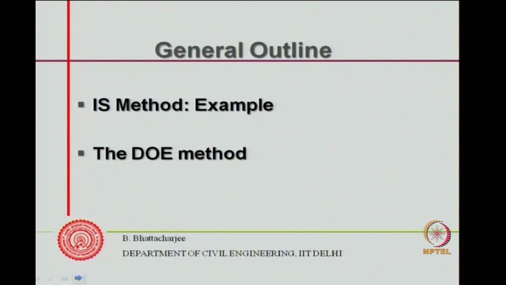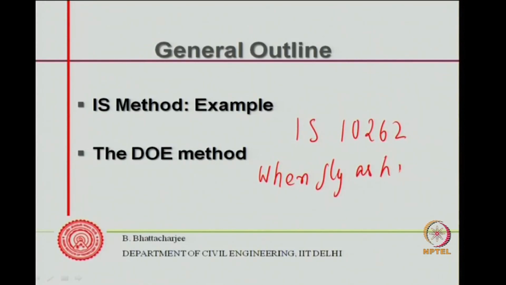Right. Just to recall, when we discussed the IS 10262 method, we said that if you are using fly ash with cement, it is recommended that C dash plus F should be 1.1 C, where C is the cement content without fly ash.